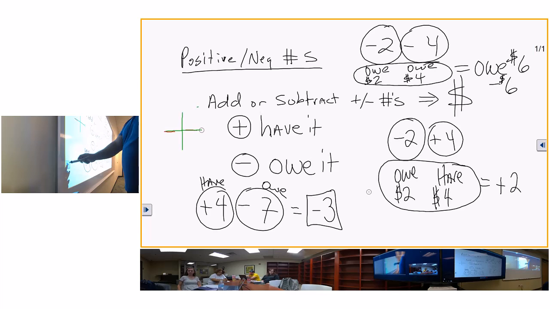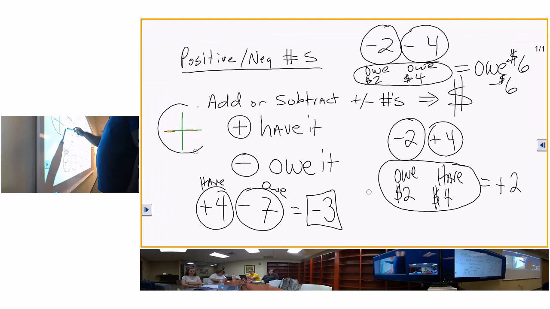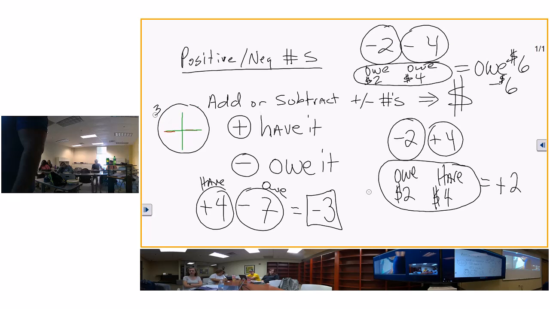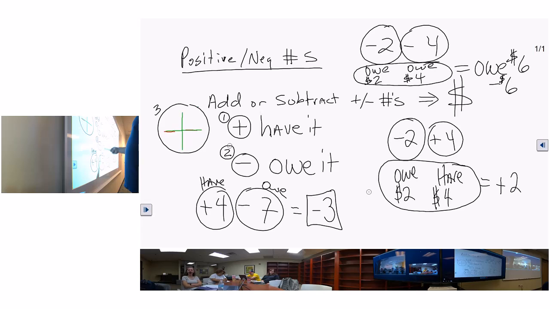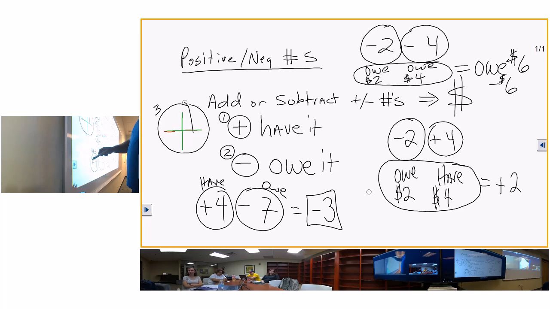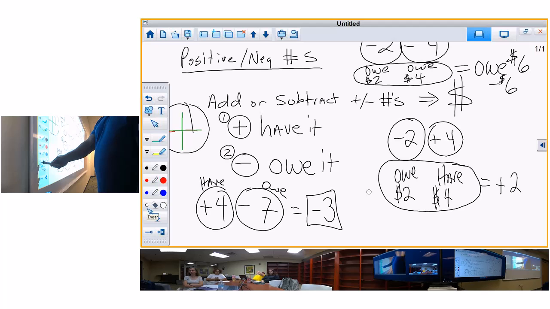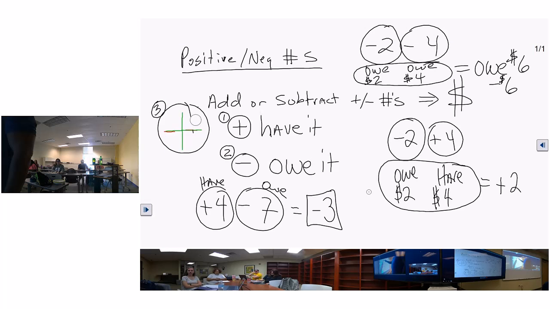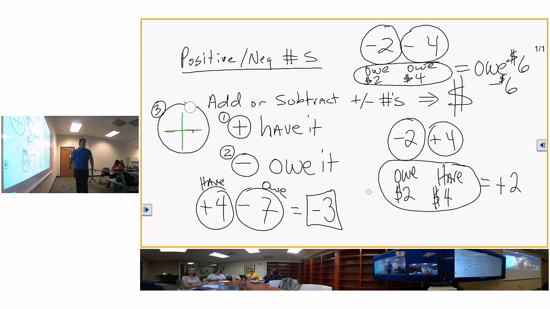A positive. And that's your third rule. You got one rule that says have it, one rule that says owe it, and the third rule says if you have two negatives mushed together, then it makes a positive.